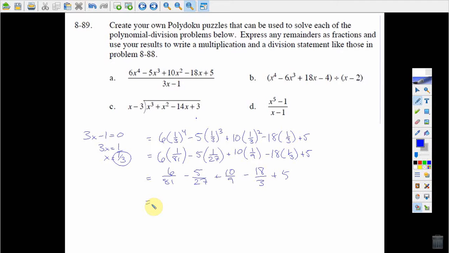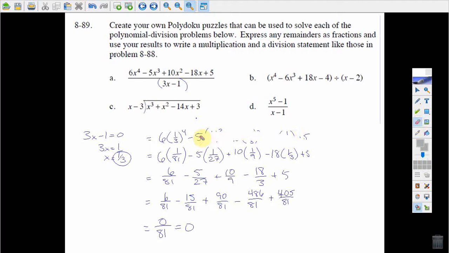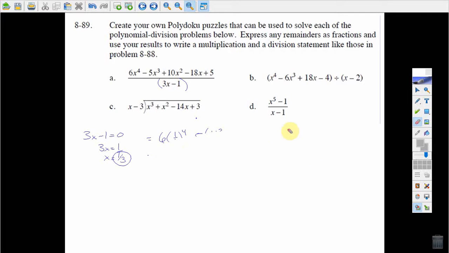Now I'm going to pause the video, do a little number crunching, and get back to you. Okay, so I'm back. So I gave everything a common denominator of 81, added it all up. You do in fact end up with 0. So this 1/3 should be a root, and 3x minus 1 should be a factor. So let's see if that works out and if that's true, which it should be as long as you don't make any mistakes.